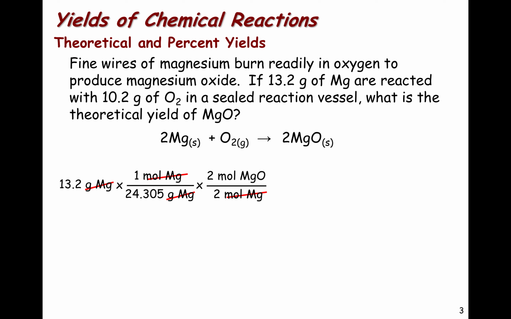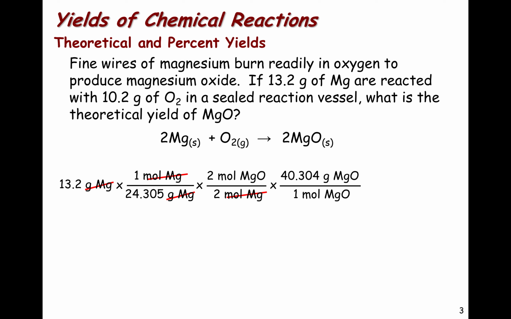And then finally, we can turn this into the grams of magnesium oxide by using the molar mass of MgO, which turns out to be the sum of the atomic mass of magnesium and oxygen. So essentially 24.3 plus 16.